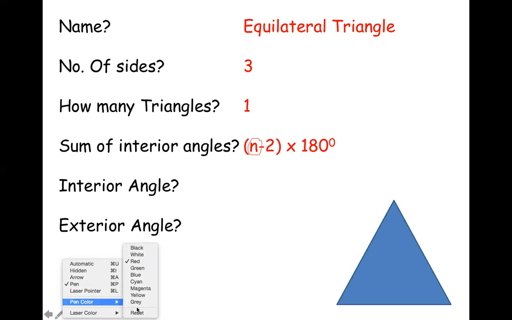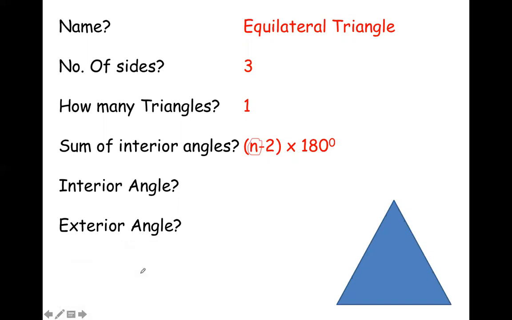What is the number of sides for a triangle? 3. So I take this as 3. What is 3 minus 2? 1. And 1 times 180 is 180. So in a triangle, the sum of the interior angles is 180.